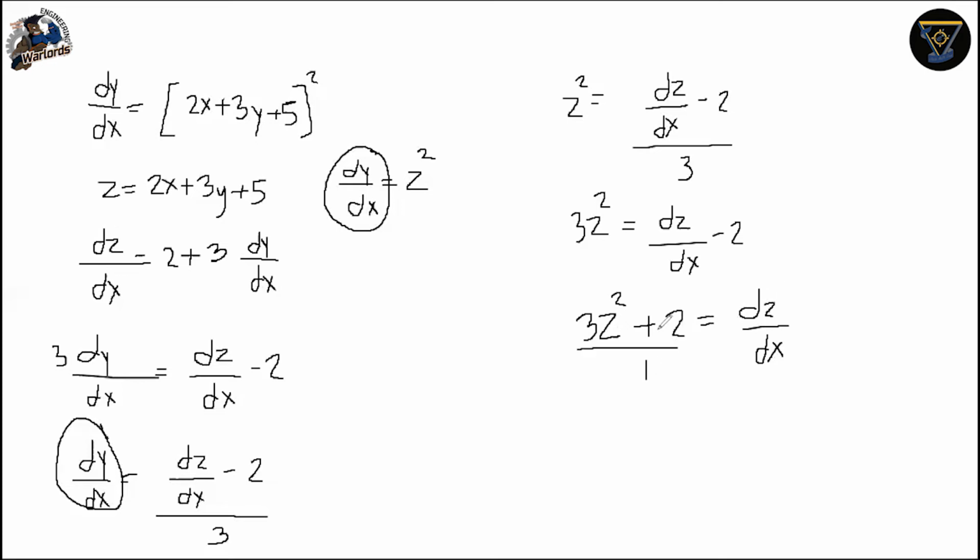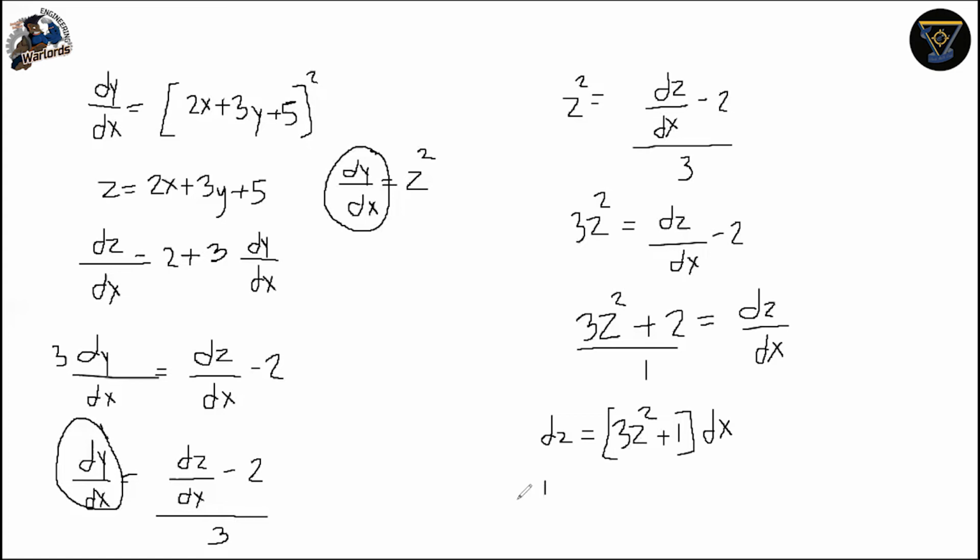So dz is equal to 3z squared plus 1 and you have your dx. This needs to come over to this side because remember you need all the z's on one side and all the x's on one side.